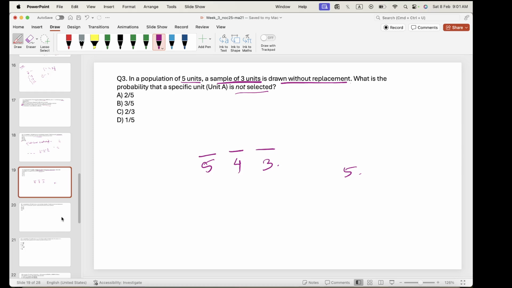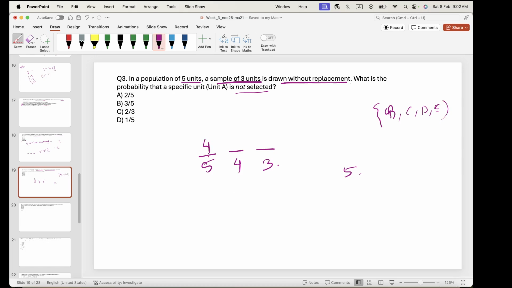So here I am actually selecting 3 units out of 5. If unit A is not to be selected, then it leaves me with 4 other points, let's say B, C, D, E, who will be competing for this position.